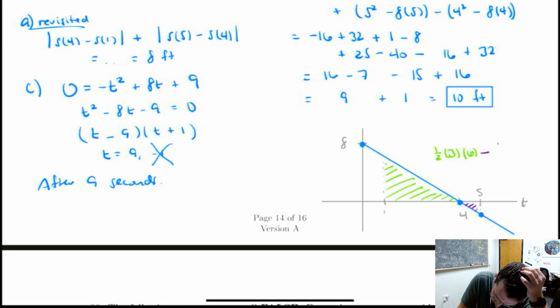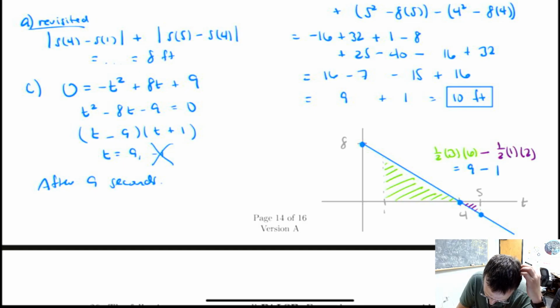And then the other triangle has a base of 1 and a height of 2. So I get 18 times 1/2, so 9, minus 1. Somehow I've once again gotten the wrong... Oh, yeah.